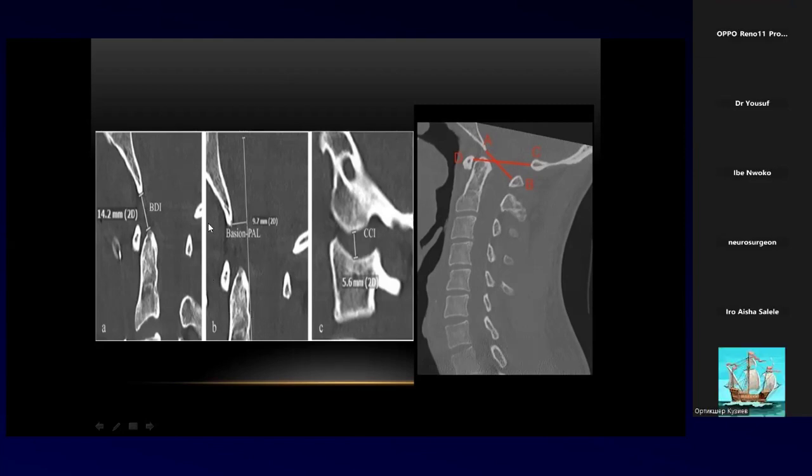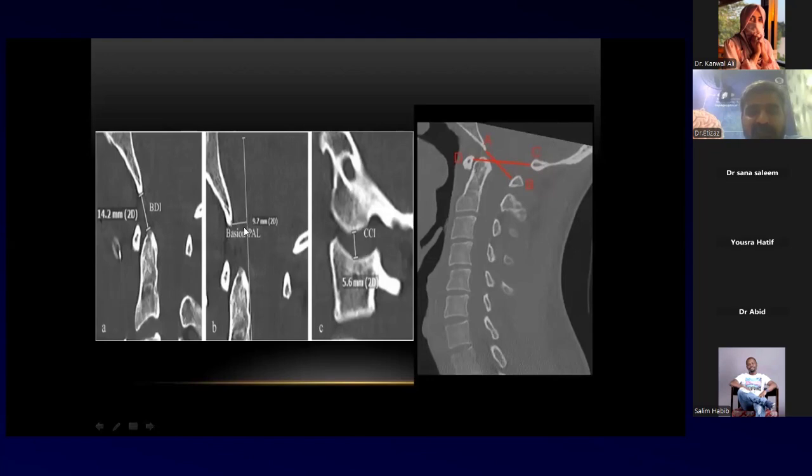This is the ratio on PAL we mostly see when there is anterior or posterior displacement. There is another measurement I forgot, mentioned in Greenberg, I think. Anyone remember? Not BAI.